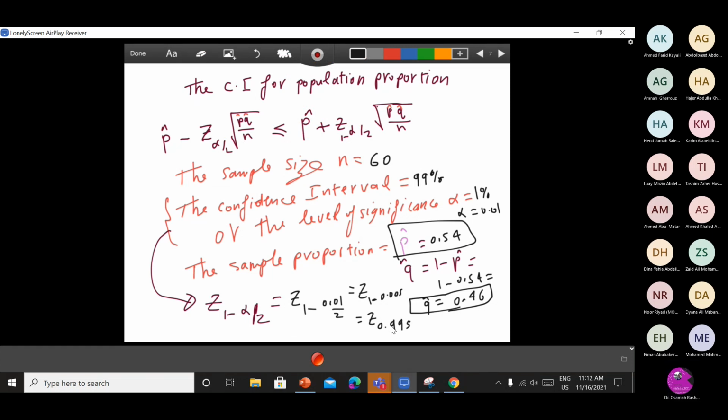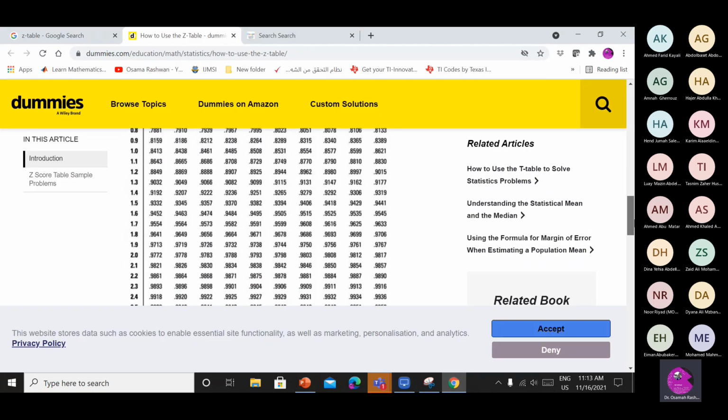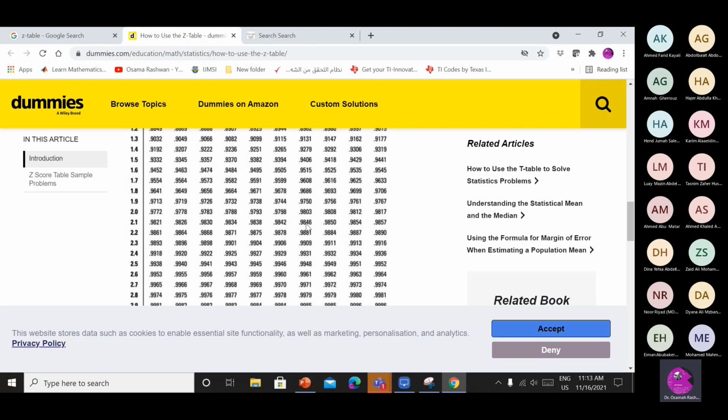Guys, can we get this one from the Z table? Let's go to the Z table and look for 0.995. What is 0.995? I have 0.9904 and I have 0.9906. I'm looking for 0.995. Can you see it?